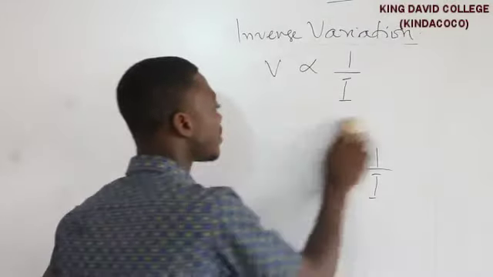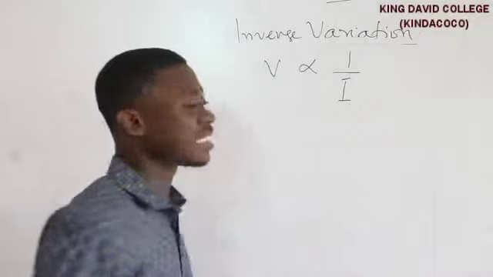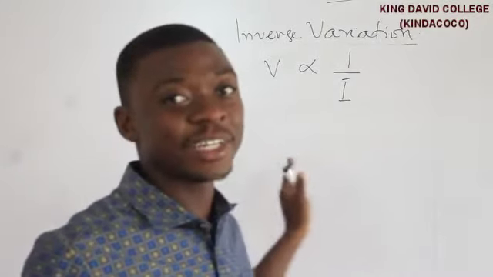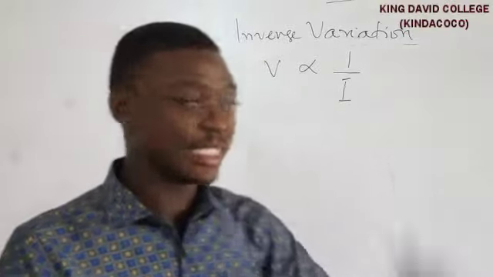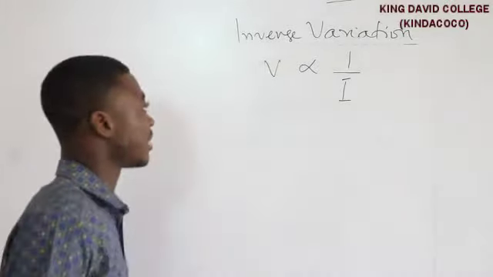Right. So V varies inversely as I. Of course, you can't relate this to electricity, because that is not true. V does not vary inversely as I. This is just a quantity we are using.